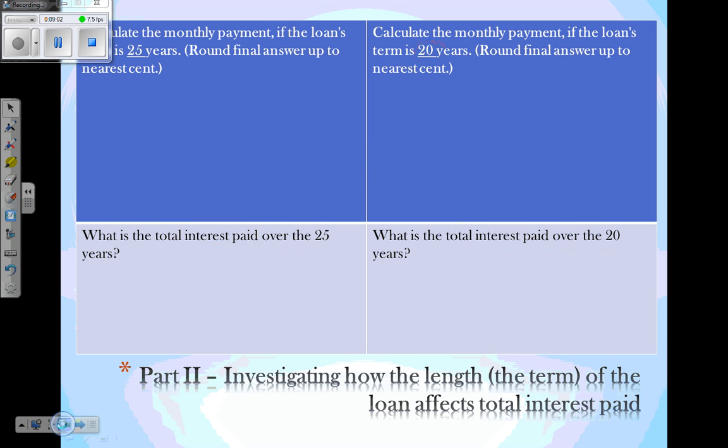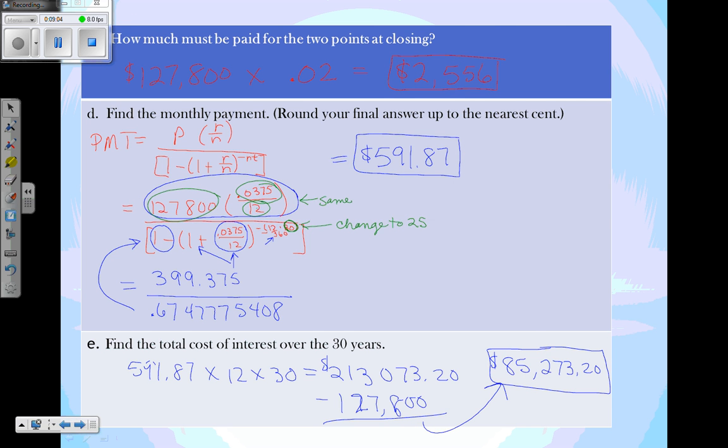So our payment went up, I'd say approximately $60, give or take, maybe $70. So our payment went up $70, but the interest that we paid went down from $85,000 to $69,000. That's a difference of about $15,000.